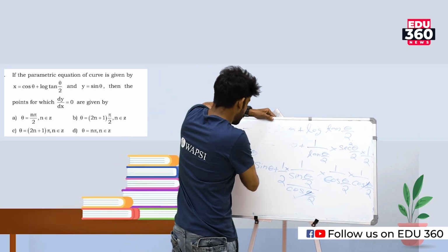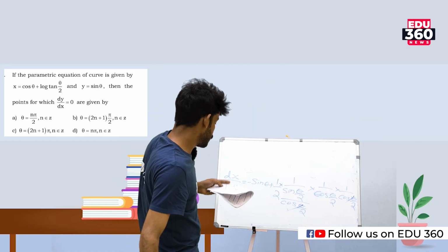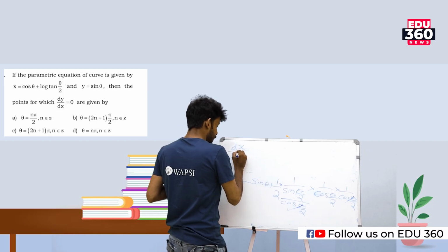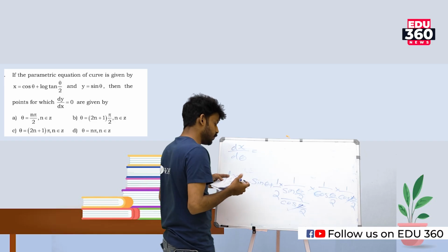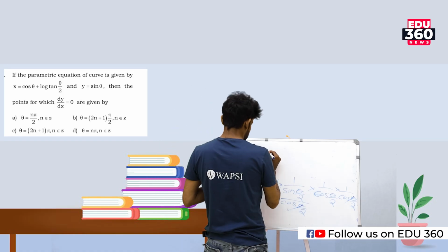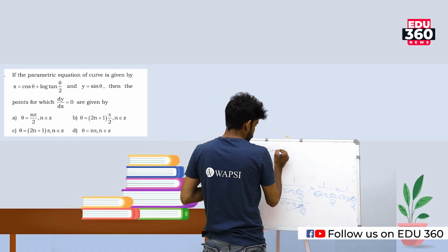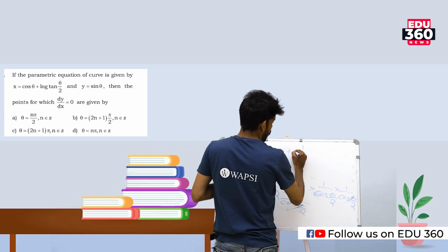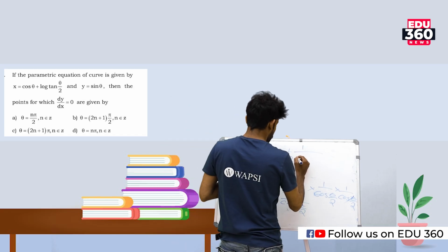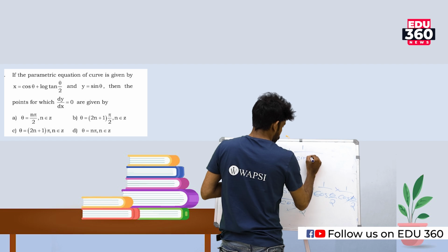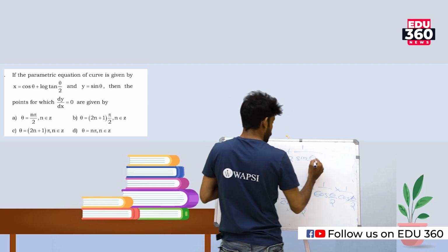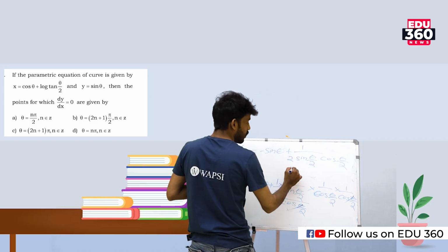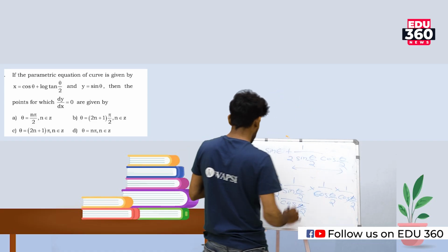So on the next step we can write dx by d theta is equal to minus sin theta plus 1 by 2 sin theta by 2 into cos theta by 2. Okay, now look at here: 2 sin theta by 2 into cos theta by 2.